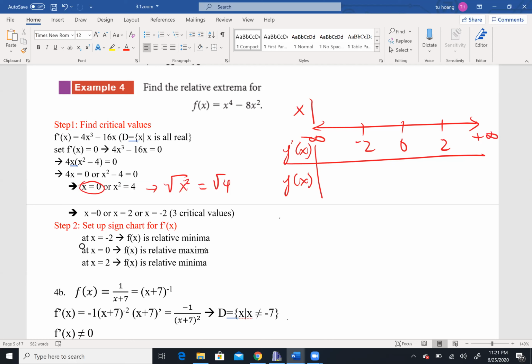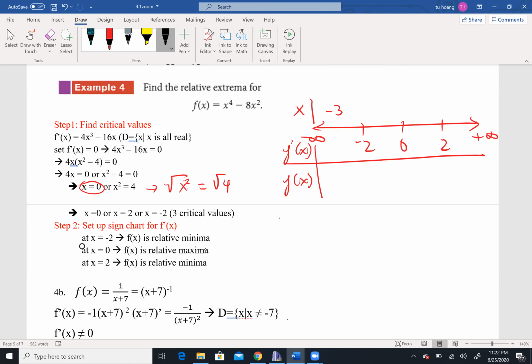From negative infinity to negative 2, I'm going to choose a value inside this interval, say negative 3. From negative 2 to 0, I'm going to choose negative 1. Let's change the color so you can see it easier. From 0 to 2, I choose 1, and from 2 to infinity, 3.